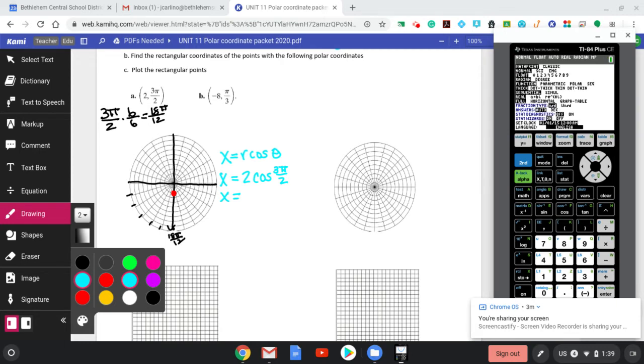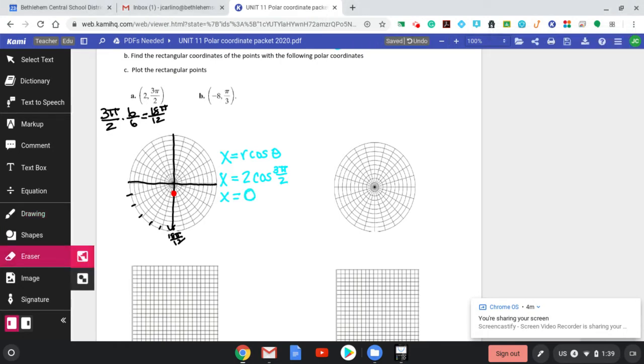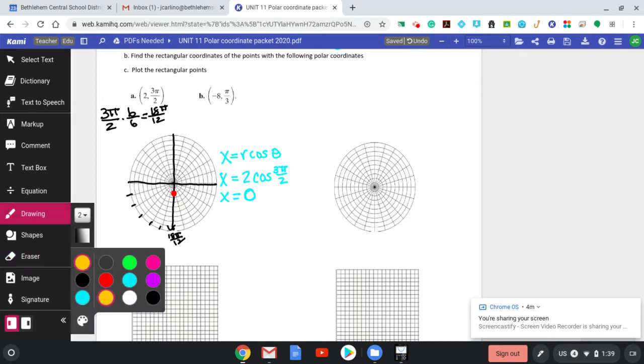Okay, so I'm going to stick with radian mode here, and I'm going to ask my calculator to 2 cosine. Let's get a fraction template out. 3 pi over 2. And it says my x coordinate is 0. So that's equal to 0. Okay, so that's the x coordinate. Now we got to do the y coordinate. So here we go. The y coordinate will be equal to r sine theta.